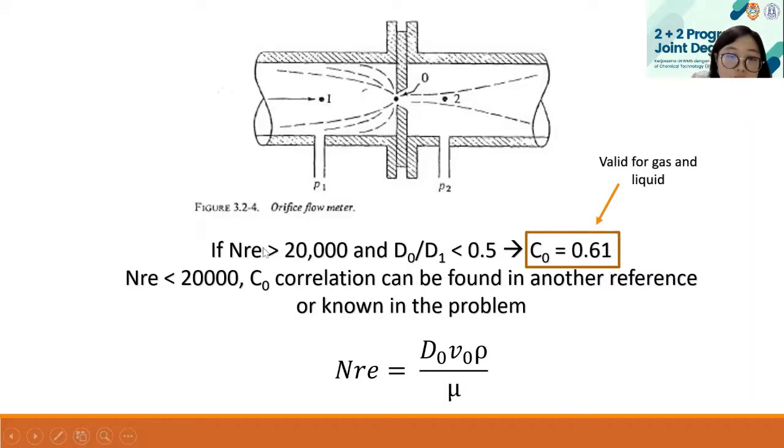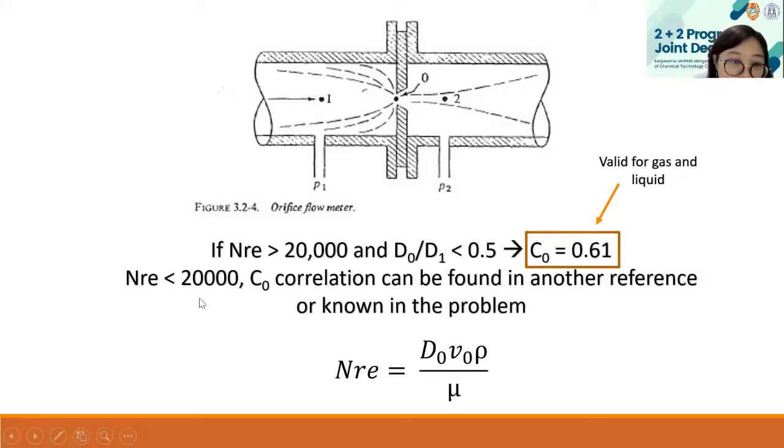If the Reynolds number is higher than 20,000, with DO over D1 less than 0.5, the CO value that can be used is 0.61, which is valid for both gas and liquid.